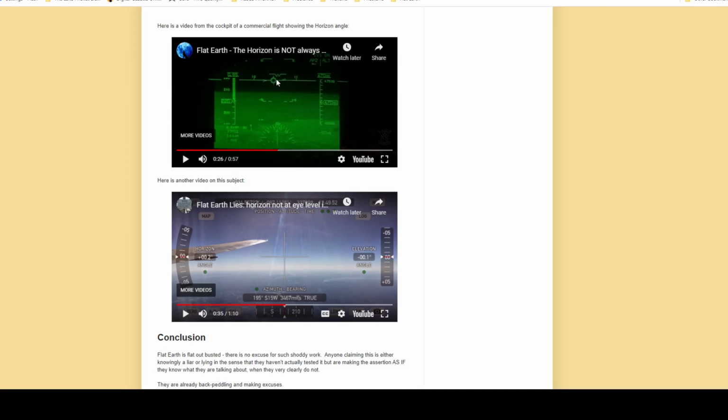Although the aircraft that he was flying has to pitch up as it's flying straight and level at this high altitude in order to maintain that horizontal level flight.